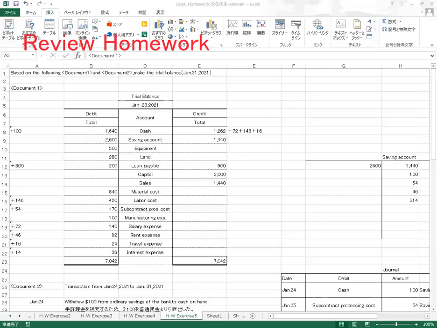So there are 8 days missing. And document 2 is the transactions from January 24 to January 31. So first, what should you do?